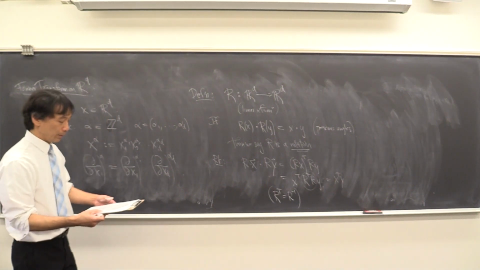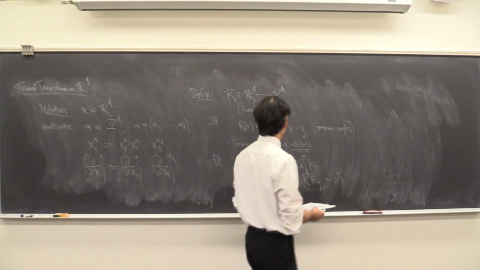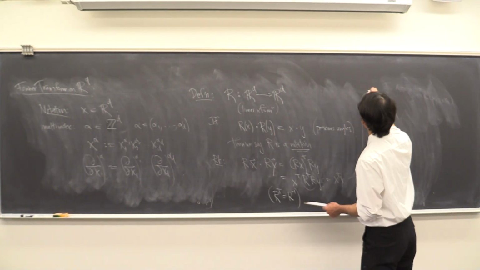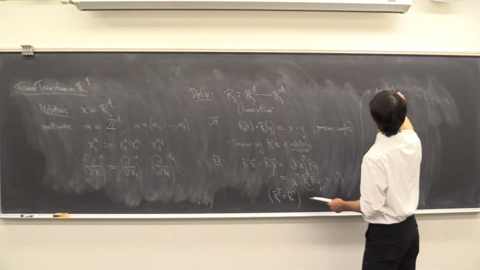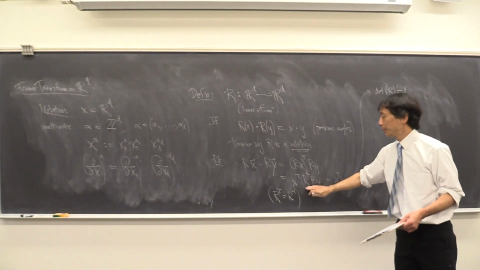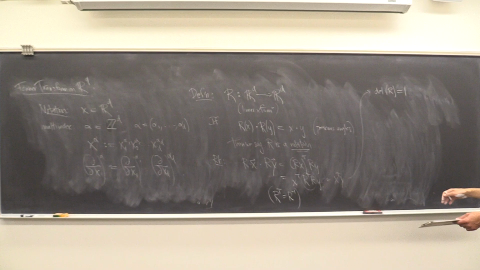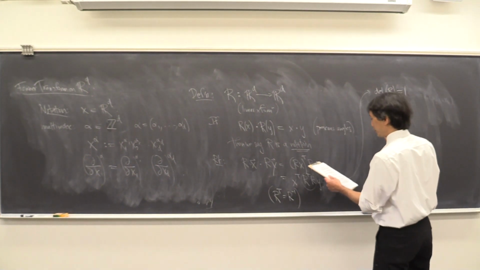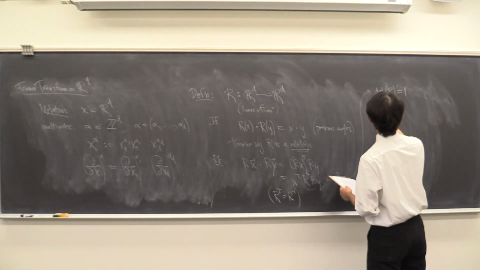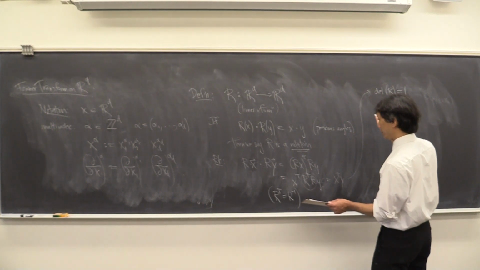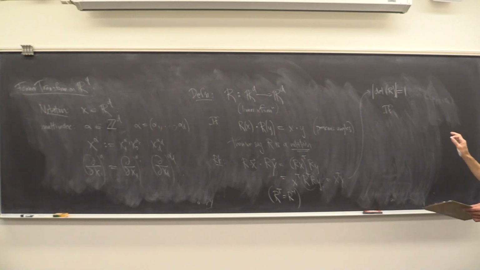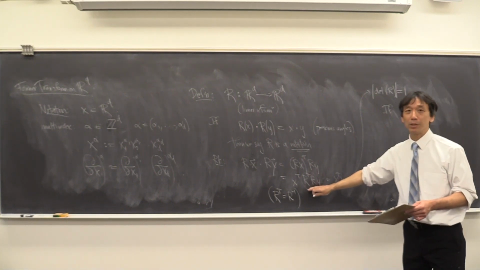So in particular, the determinant of R is going to be 1. I'm not sure if this is important, but in any case, the absolute value of the determinant is 1, because you know that the square of the determinant is 1.